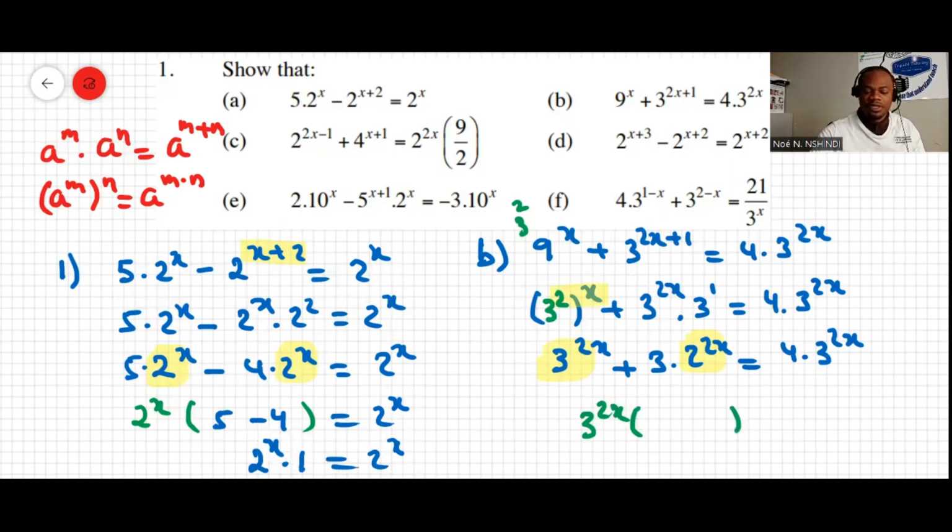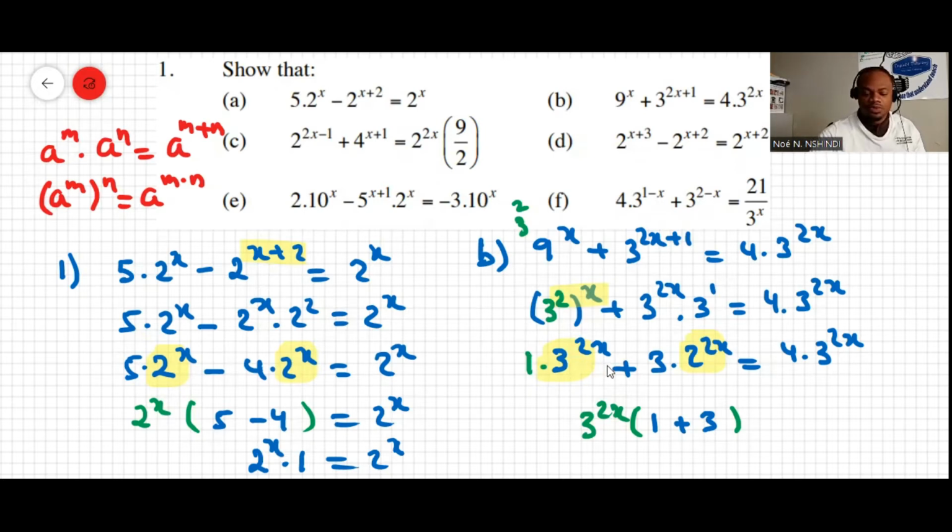What should be there? It's going to be 1 plus 3. 1, because I was saying there was an invisible 1 there, 1 times 3 to the 2x. So if we take 3 to the 2x, here it's not going to be 0, it must be 1, because 1 times 3 to the 2x is still 3 to the 2x. If you say 0, it means all this here is 0, but this is 3 to the 2x, so the product is 1 times that.